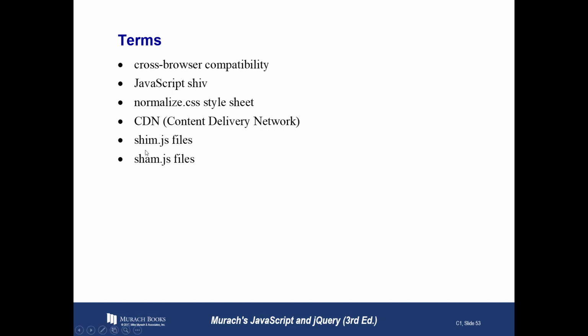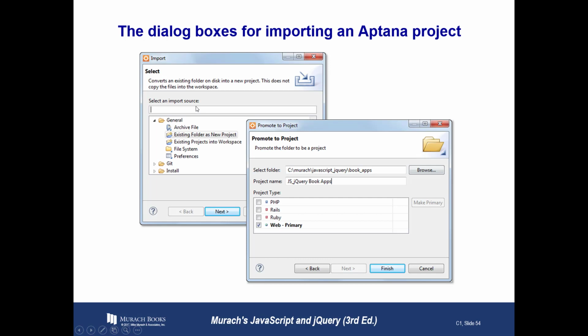The stuff that's used in here is about cross-browser compatibility. This will become even more apparent when we get to jQuery. The idea is that your page will look and function the same, even in different types of browsers. The shiv I just mentioned, normalize we looked at earlier. CDN is a content delivery network, which will become more important when we get to talking about jQuery.